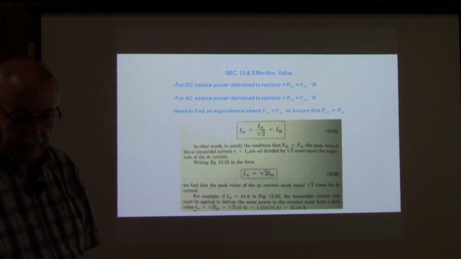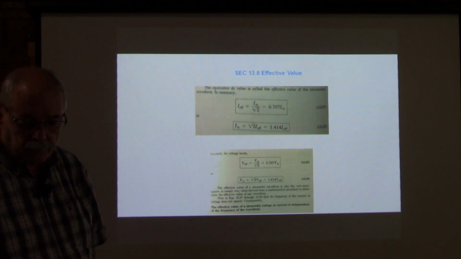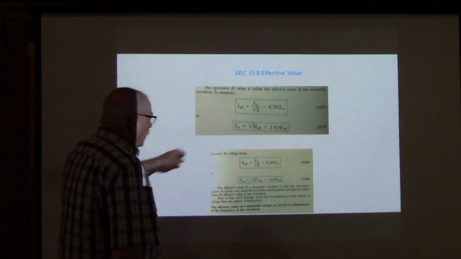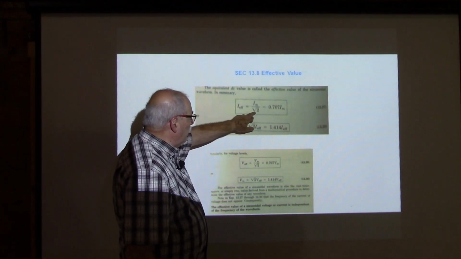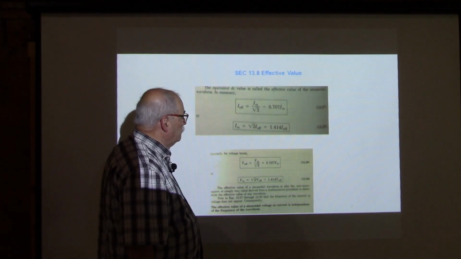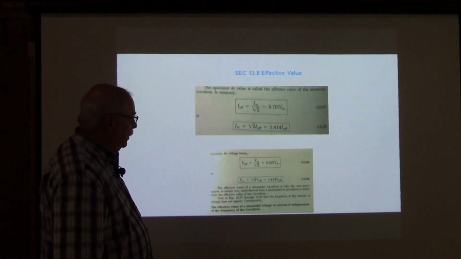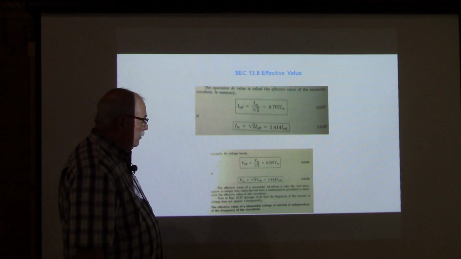So the effective current is the peak current divided by square root of 2, or 0.707 times the peak current.